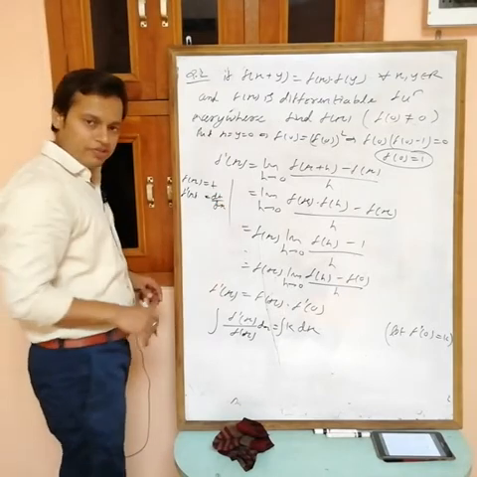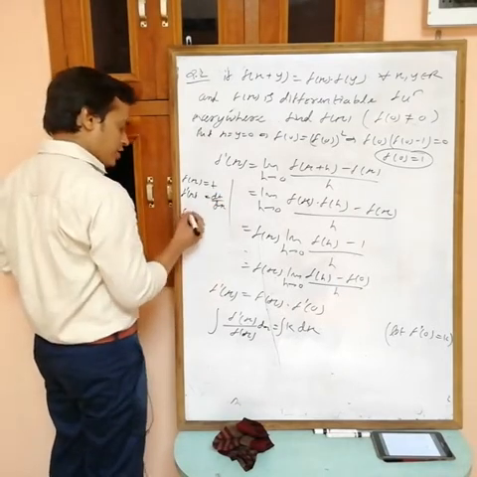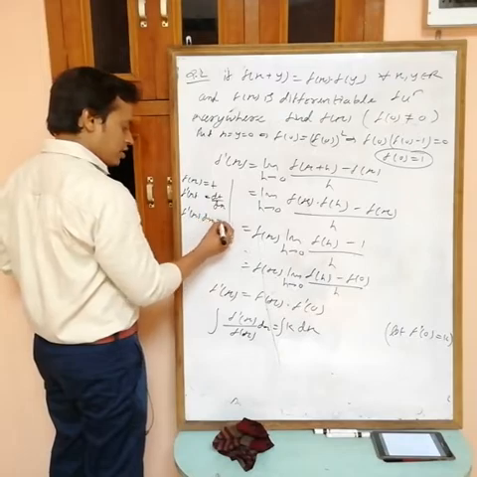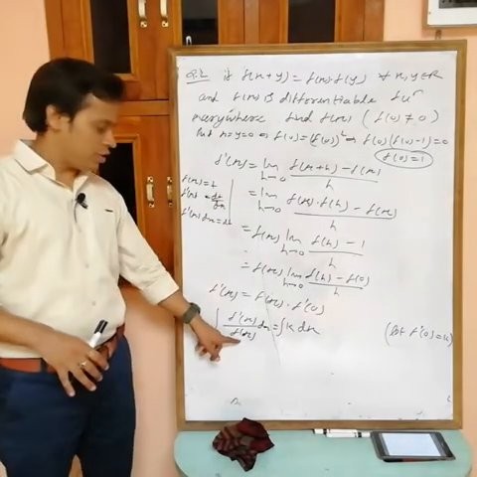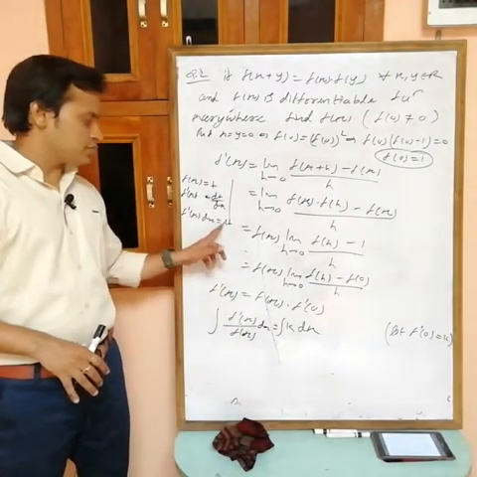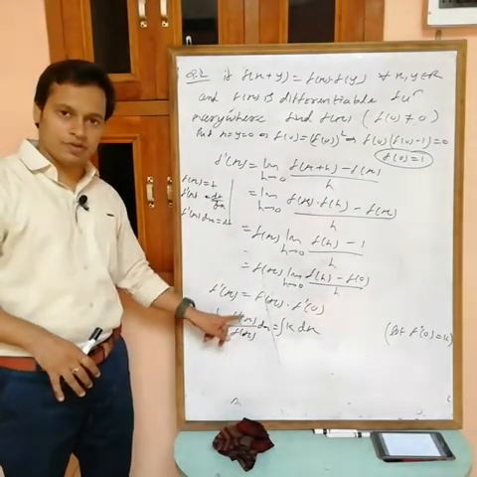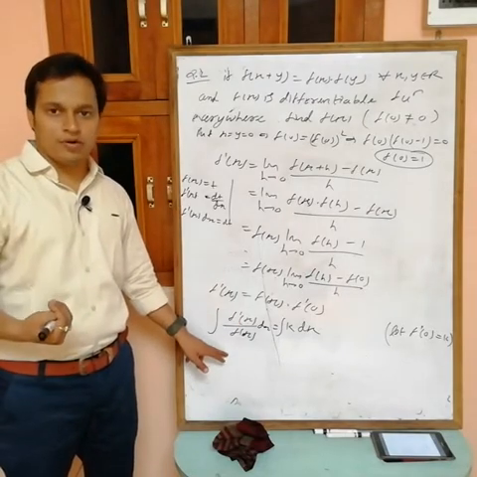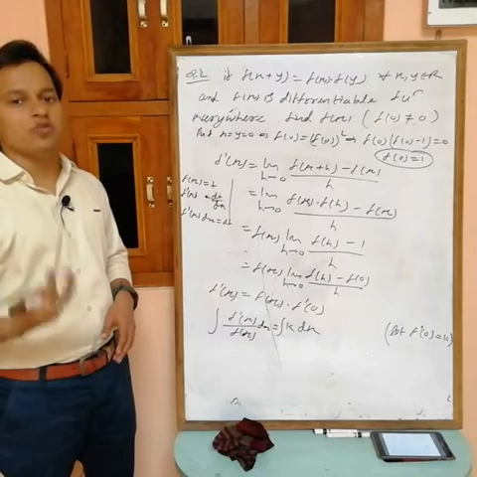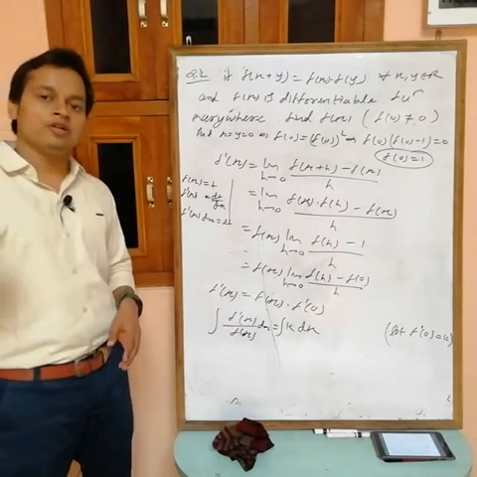Multiply by dx here, f'(x) into dx equals dt. So if you assume this as t, then f'(x) into dx becomes dt, so we get dt by t. Integration of 1 by t is log t, because differentiation of log t is 1 by t.